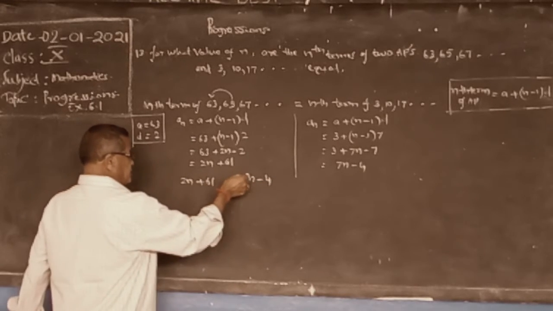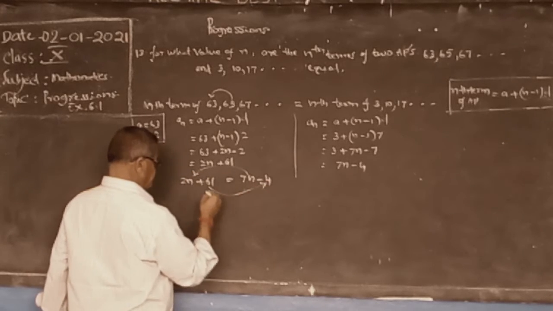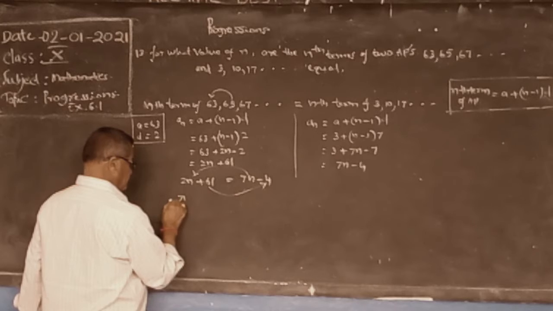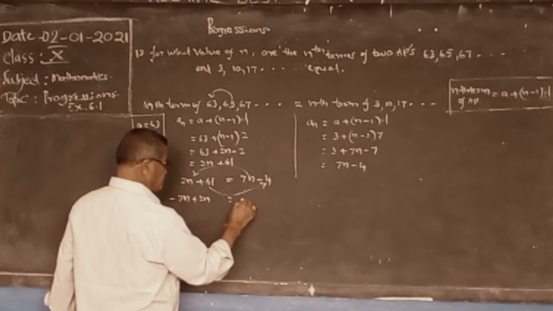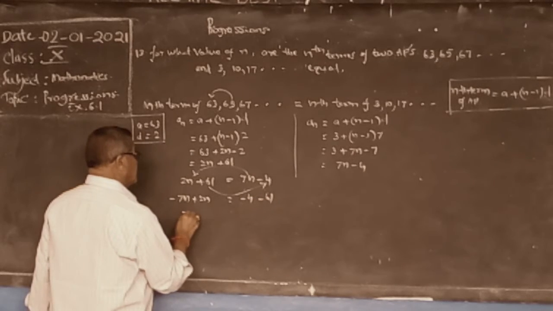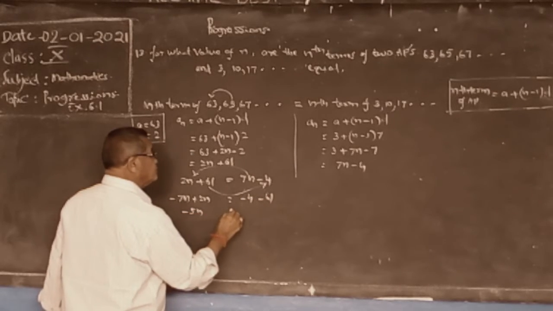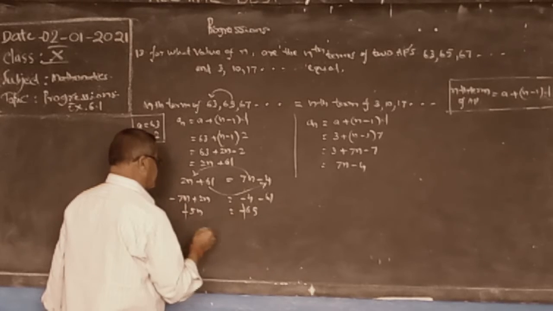Get 7n this side, 61 this side. So 2n minus 7n is equal to minus 4 minus 61. Minus 5n is equal to minus 65. Minus minus plus.